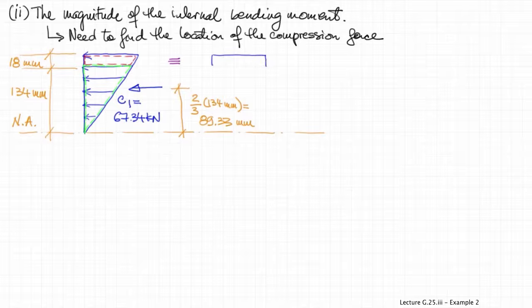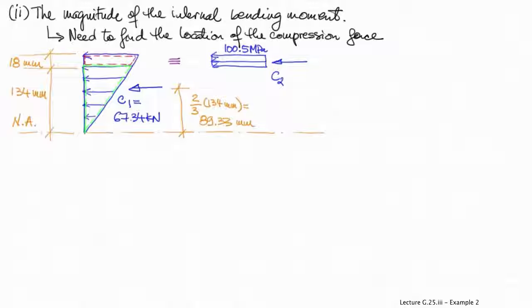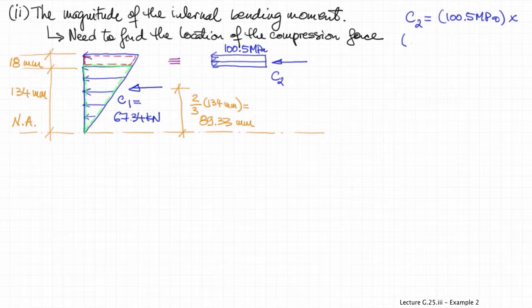And since we don't know exactly the location of the trapezoid, we can split this stress block into a constant rectangular stress block having a magnitude of 100.5 megapascals, and then we can determine the total compression force corresponding to this stress block, C2, equal to the area of the stress block multiplied by the width, which, remember, is the width of the flange, that is 160 millimeters.